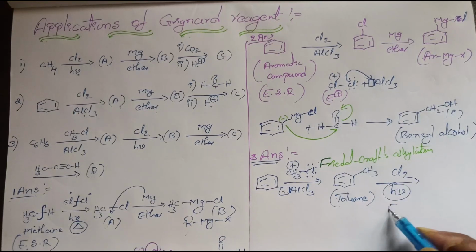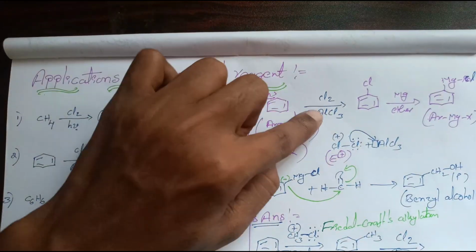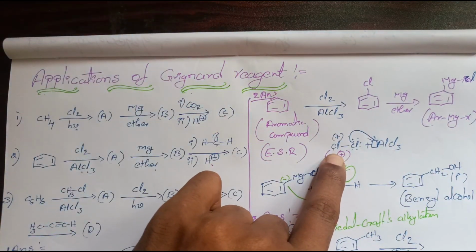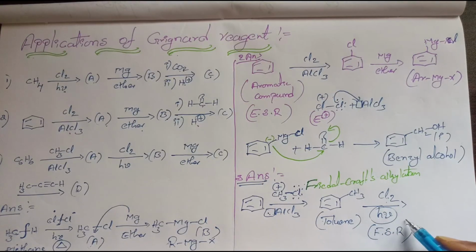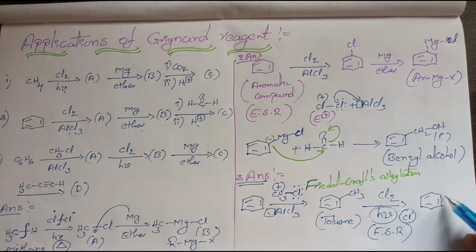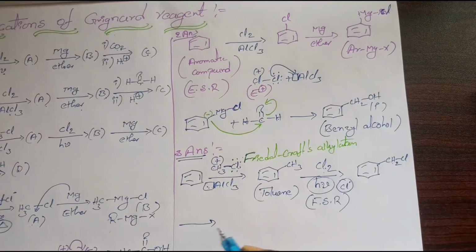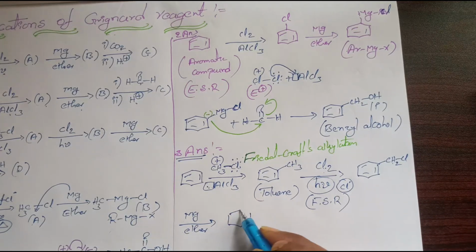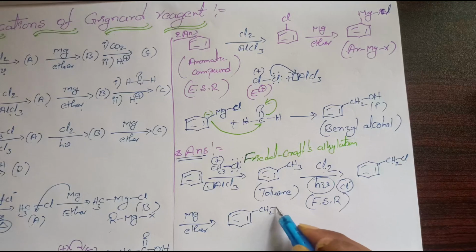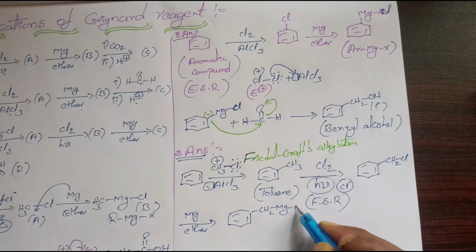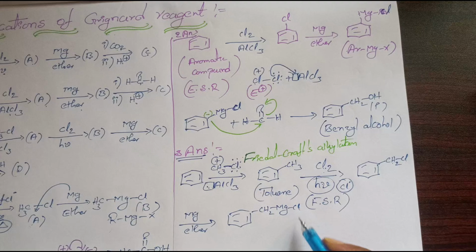Now chlorination in the presence of h nu: h nu condition is given, so that is a free radical substitution reaction. Chlorination in the presence of AlCl3 is electrophilic. Chlorine in the presence of h nu gives Cl radical, and the Cl radical attacks the CH3, not the benzene ring. So CH2Cl is formed. Now on reaction with Mg and ether, Grignard reagent formation takes place: CH2MgCl.